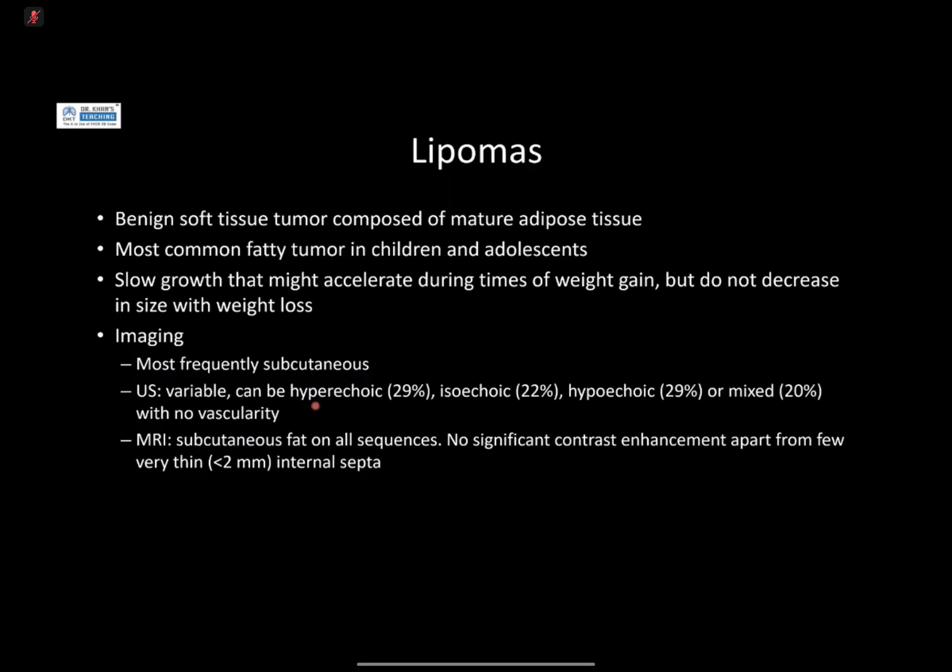It can be hyperechoic, isoechoic, hypoechoic, or mixed, depending on the type of fat in it. On MR, you have complete fat suppression, but you can have some septations and a little bit of contrast enhancement as well. Again, I don't think this is a topic that would be given to you in exams, because it's more of a specialist topic. Okay, I think that's the end.